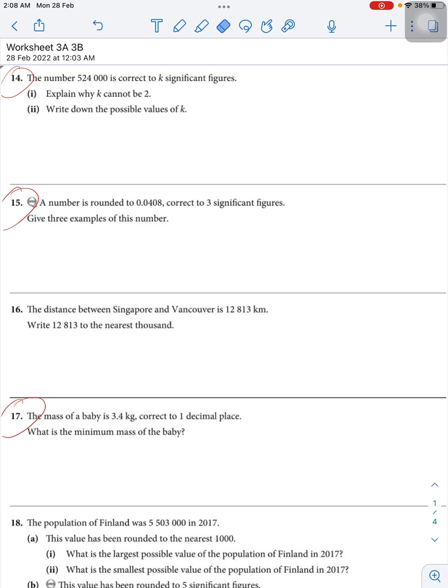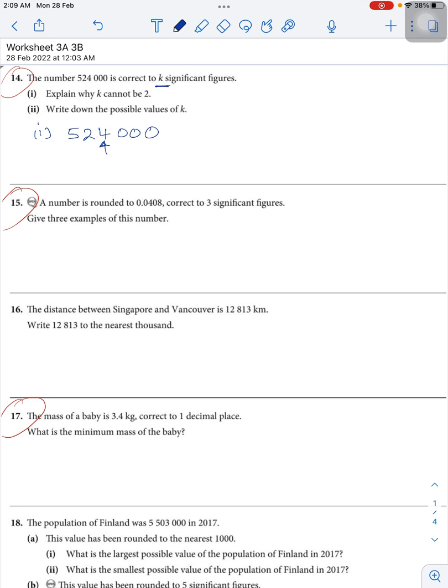Okay, the number 524,000 is corrected to k significant figures. You're supposed to explain why k cannot be 2. Now if you notice, the number you have here has been rounded off to 3 significant figures at least.